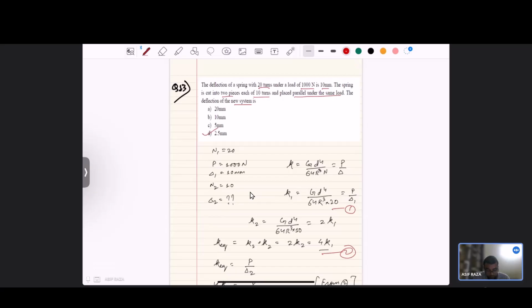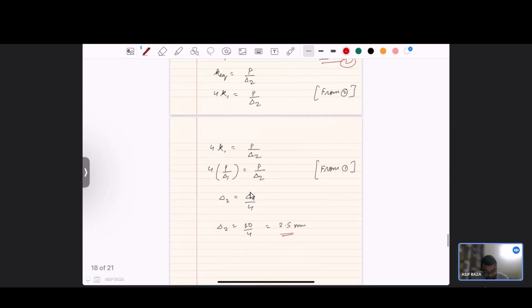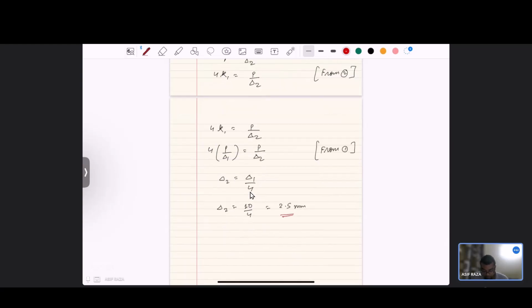So our stiffness now becomes 4 times of it. The deflection corresponding to the same load will now be one fourth of the displacement it had earlier. So 10 by 4 comes around 2.5 mm. So this is it.